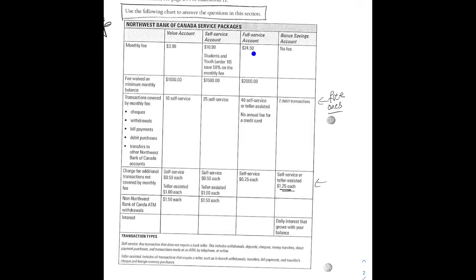We care about the service charge here. So we go down here: fee waived on monthly balance. He kept a minimum of $900, so he was under that, so he won't actually be able to make that.